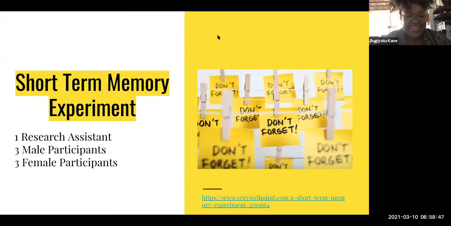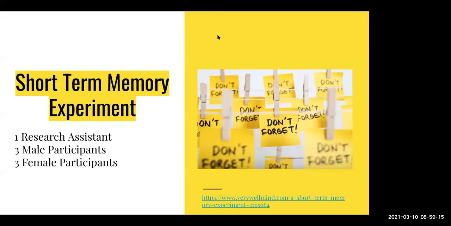All right. Thank you for confirming. We want to look at whether girls or boys have a better memory. Does anyone have a thought about this? Do you think girls have a better memory than boys, or do you think boys have a better memory than girls? We have a couple of people that say girls.